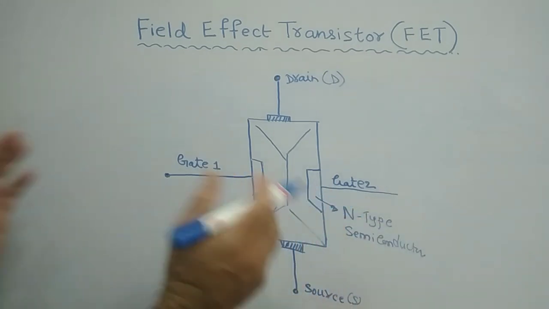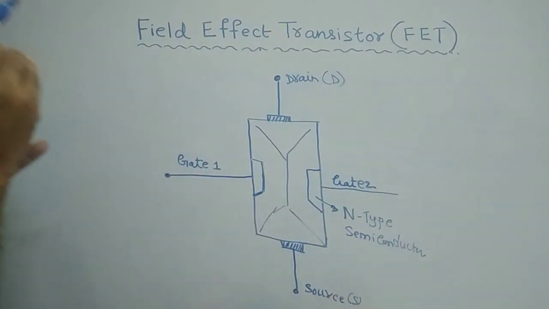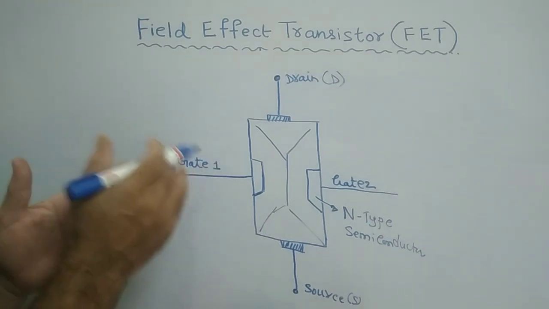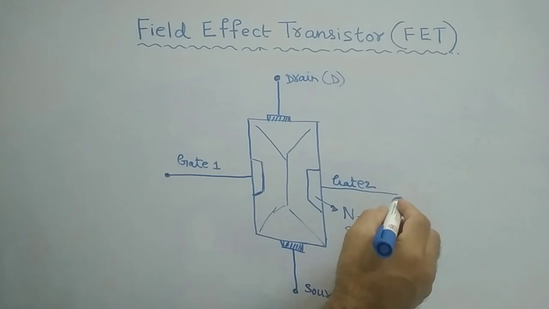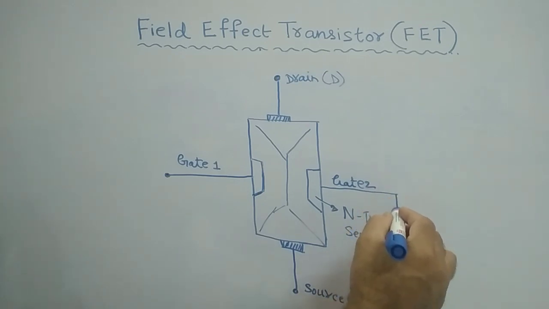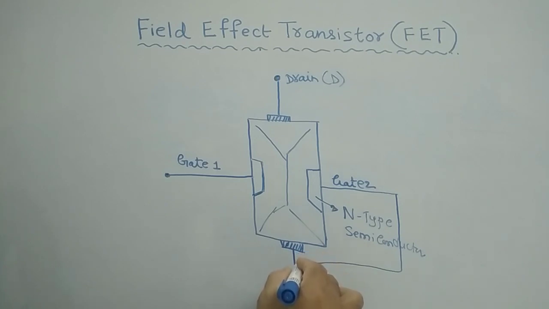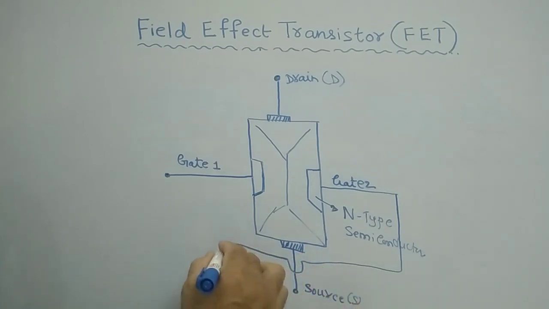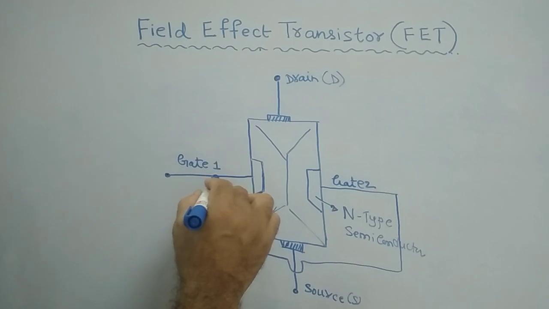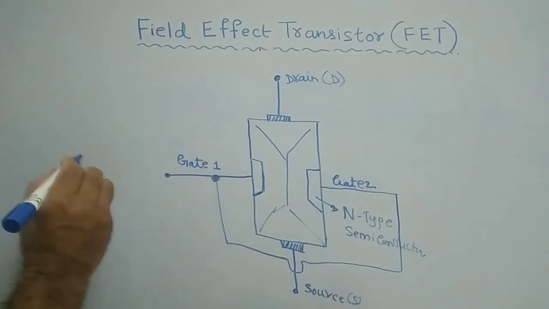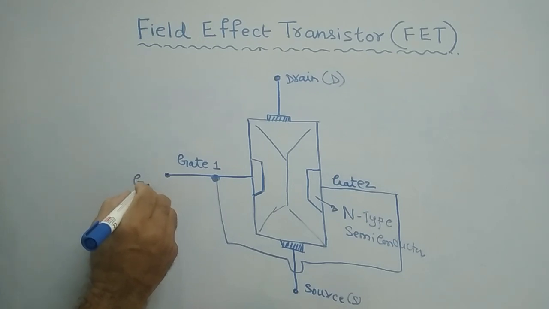It is good enough to have only one gate terminal instead of two. That's why normally the second gate terminal is connected with the first one. Both gate terminals are tied up, and a single terminal is taken out, which you can simply call the gate terminal.